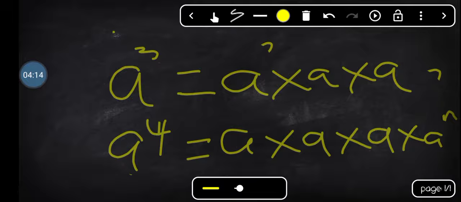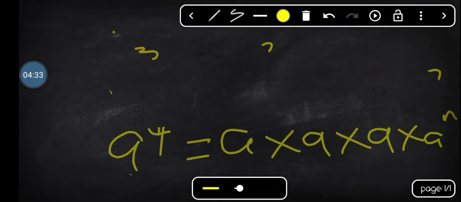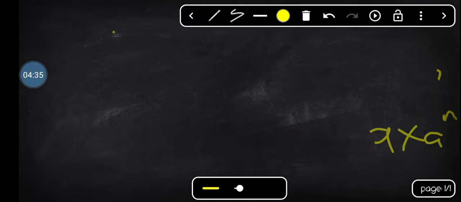Along like that, a raised to power 5, a will appear in 5 places. So that's what we call indices. So we want to look at some laws that link up with indices.